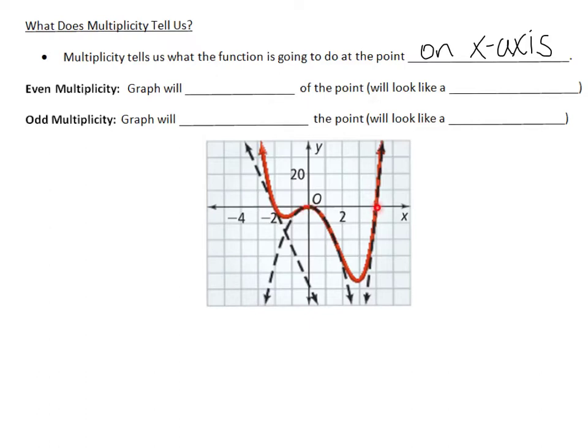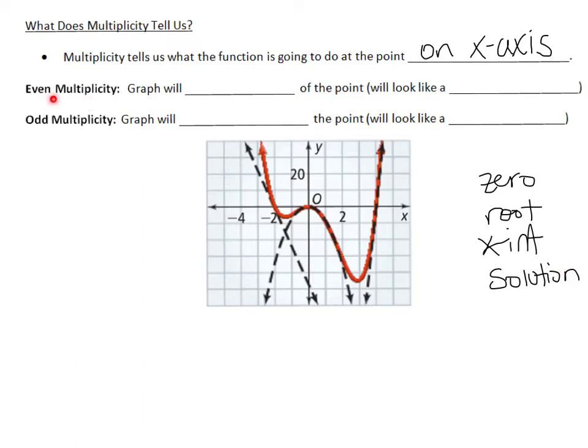So don't forget all of these words, zero, root, x-intercept, solution, they're all the same thing. So multiplicity tells us what our graph is going to do at the zero, at the root, at the x-intercept, at the solution.